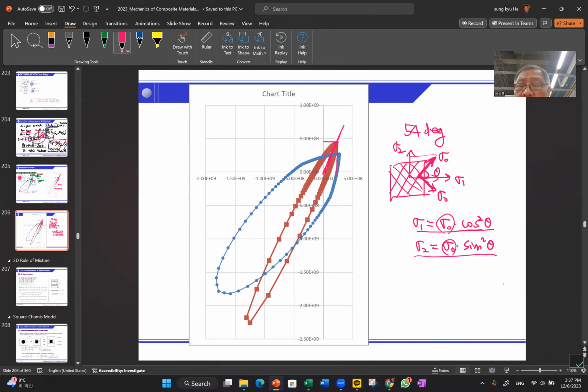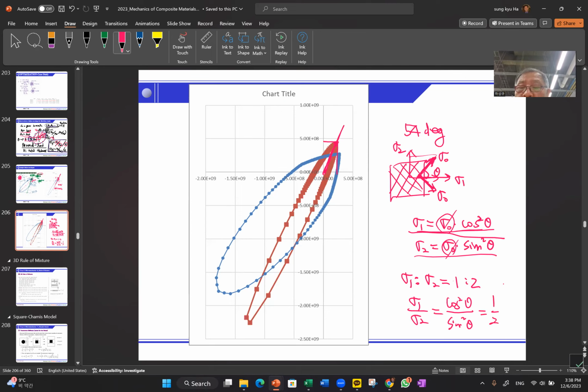And now what we know is the ratio of sigma 1 versus sigma 2 is 1:2. We know that this is a pressure vessel loading case. So simply we divide this over that, sigma 1 divided by sigma 2, and sigma 0 will disappear, leaving cosine squared theta and sine squared theta.